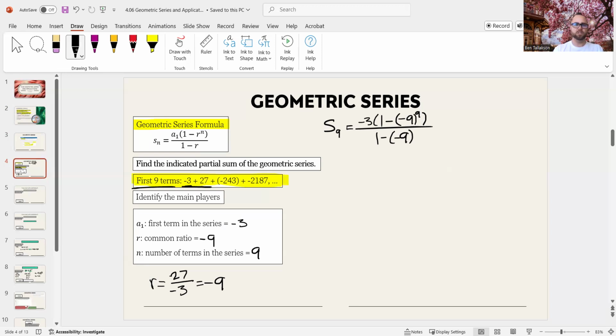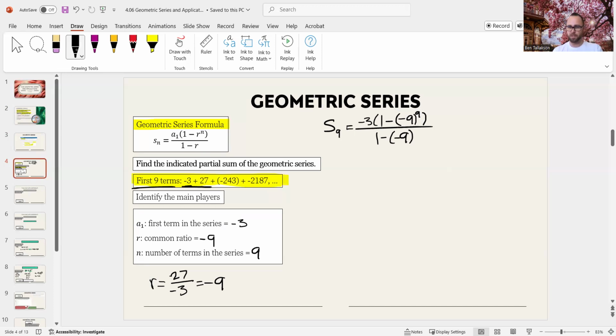Now, you could raise -9 to the ninth and then do 1 minus that and multiply times -3 and divide by 10. But these numbers are going to get very large in this problem, so I would encourage you just to put all of this in your Desmos scientific calculator. Just do it very carefully.